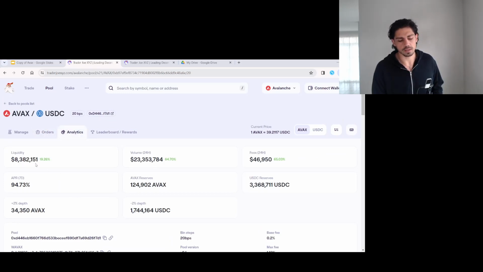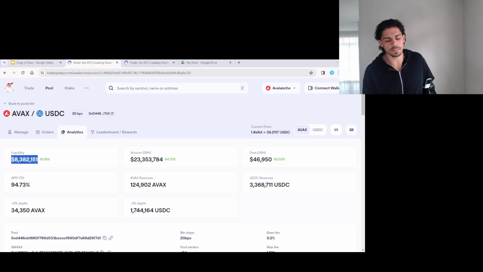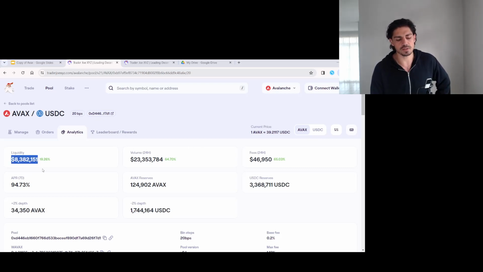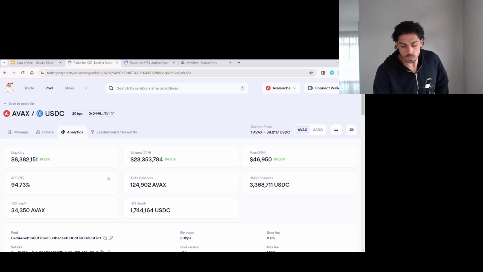So say you want to get 10% of these fees, right? So I want to get a daily revenue. What would that be? $4,695. So if I want a daily revenue of $4,695, I would need to have 10% of this position, which would be $838,000. So that's really how this works, guys. It's not terribly complicated.